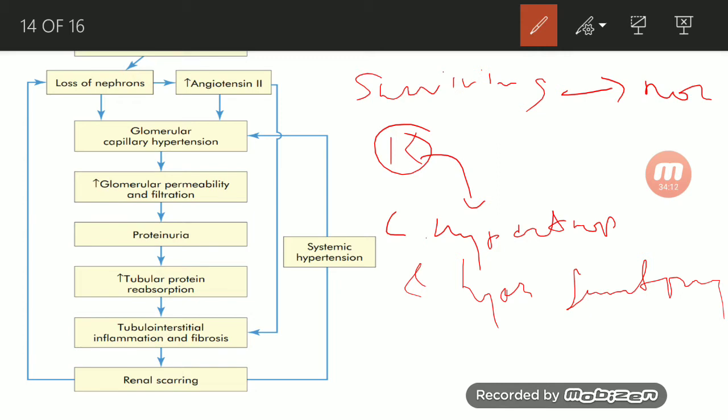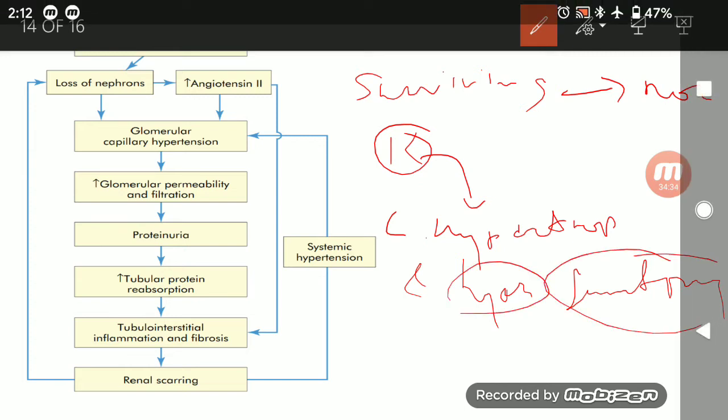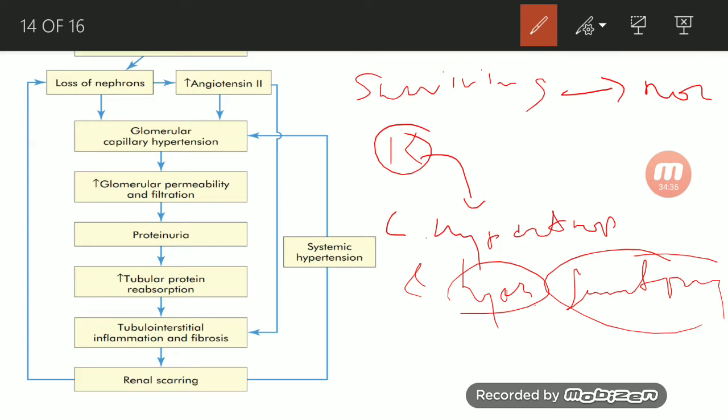Your kidney has a set amount of nephrons, and because the kidney has been damaged, you are losing nephrons. The surviving nephrons increase in size, and there is compensatory hyperfunctioning. They do more work than others, increasing their capability so that they sustain normal kidney functioning.